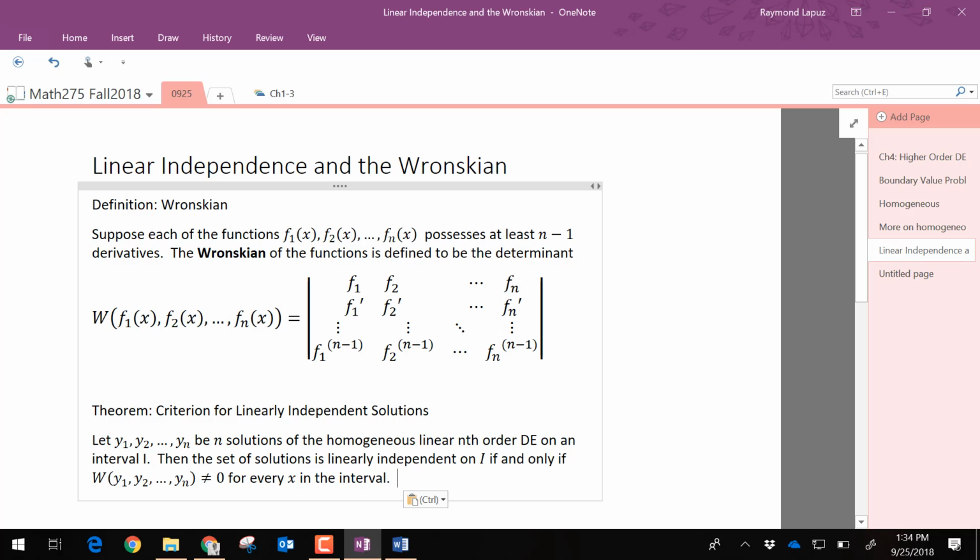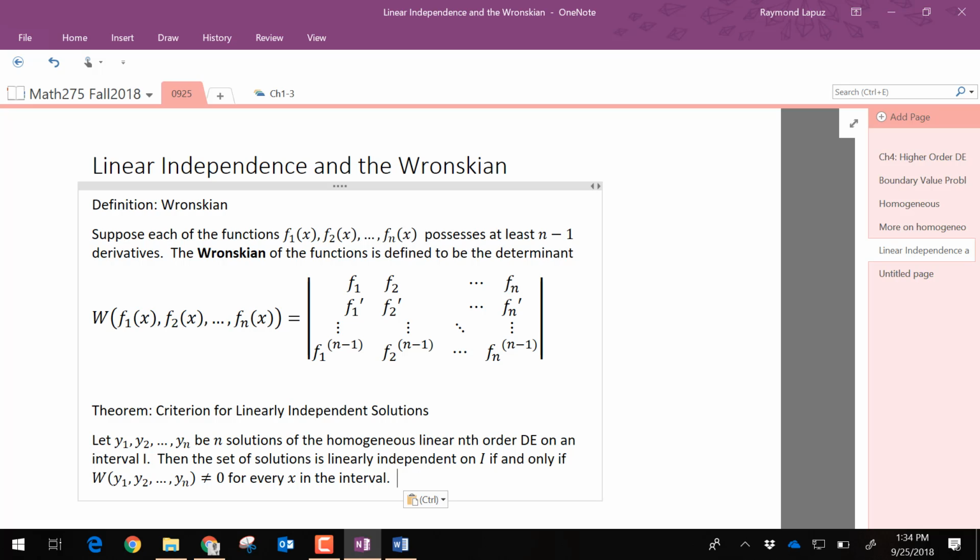So, more linear algebra. Suppose you have functions f1 through fn, and we have to include a condition that they have appropriate derivatives.